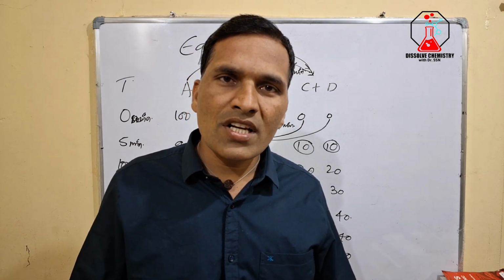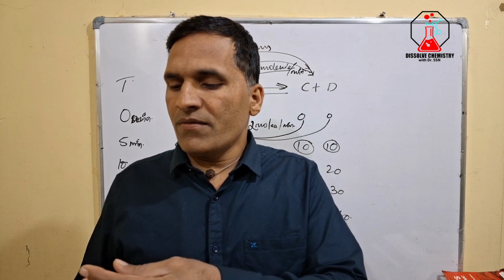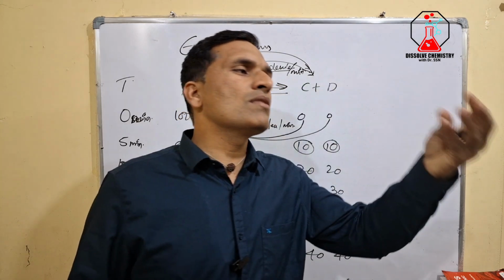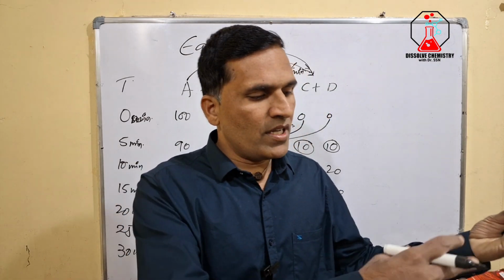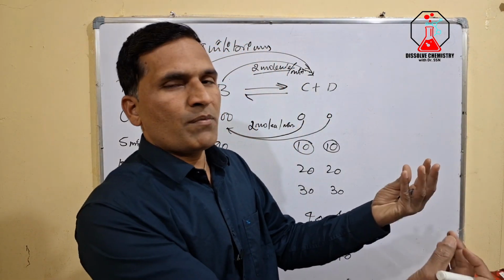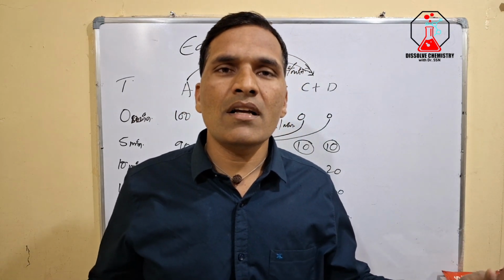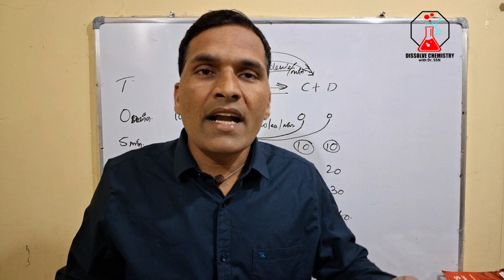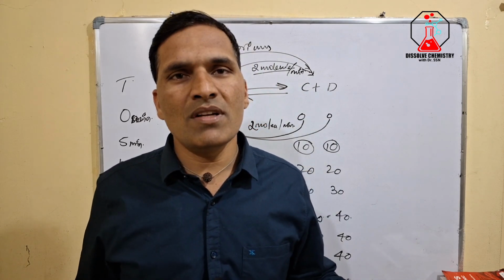It will not change. What is the reason for that? The number of molecules of reactants combining to give the product in 1 minute of time and the number of molecules combining back from the product to give back the reactant in 1 minute are the same. So then the net change in the concentration will be what? No change, zero change will be there.